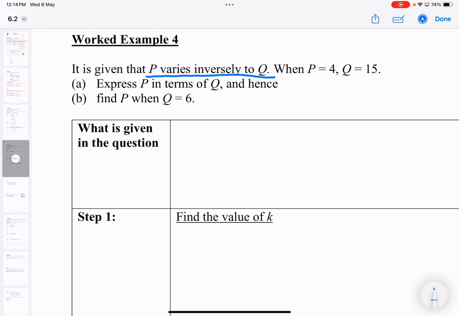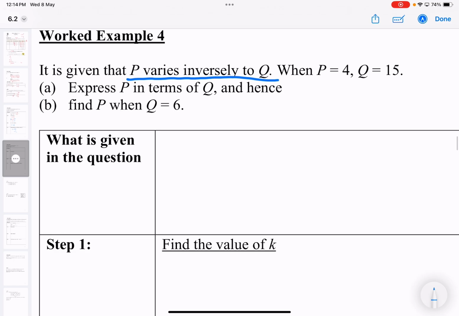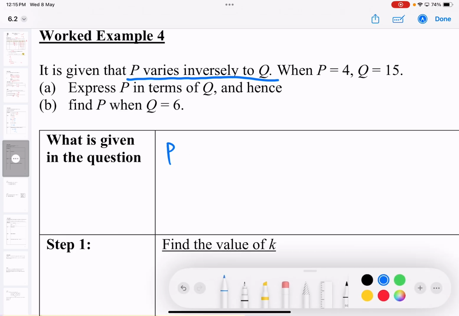Come, let us get someone else to help. Ashley! Now, P varies inversely with Q. So how? Okay, so P is equal to K over Q. This is the first thing that I need to write down.